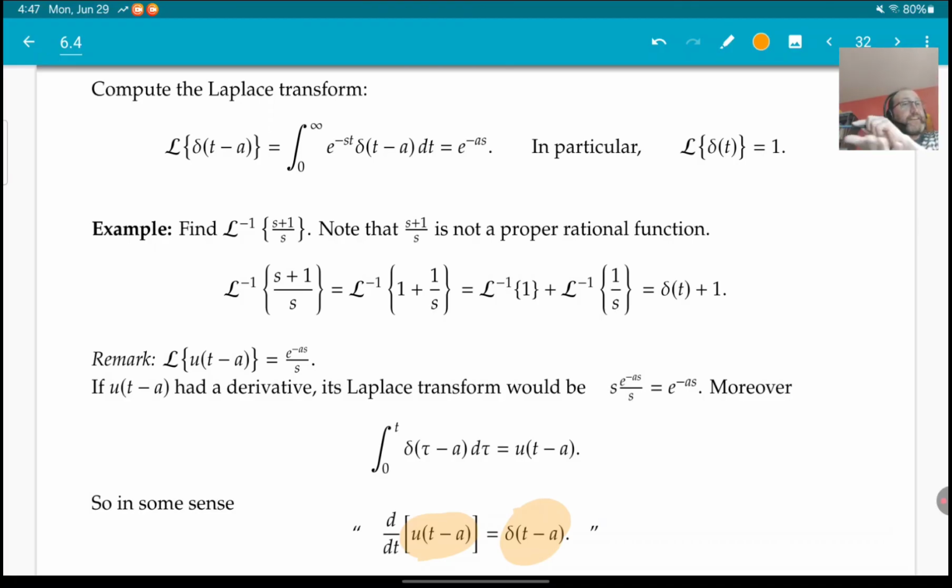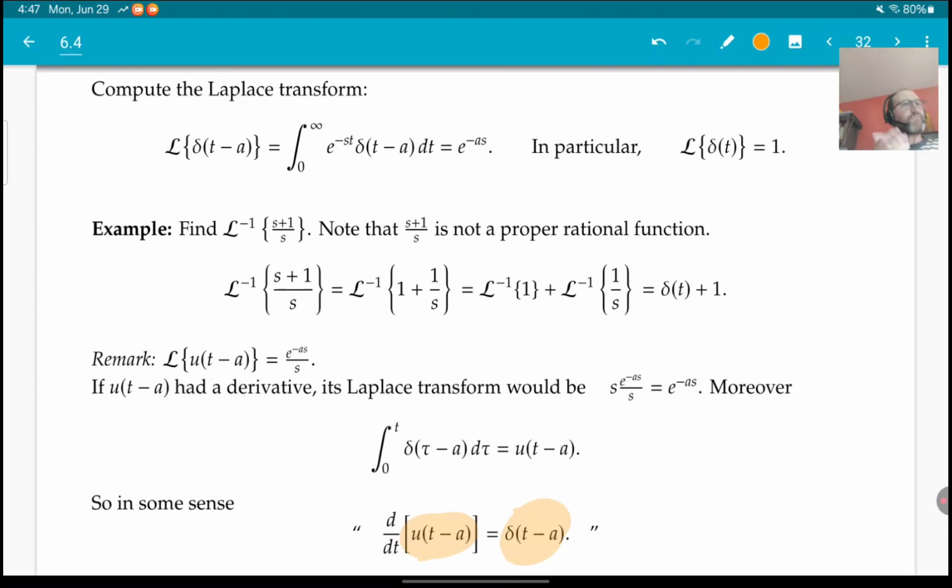If I have something that's zero everywhere and then starts being slope one, so it has a corner, well, the derivative of that would be the Heaviside function, right? You get a jump discontinuity, right? You get something that has some derivative over here, and then suddenly it has some other derivative elsewhere, right?